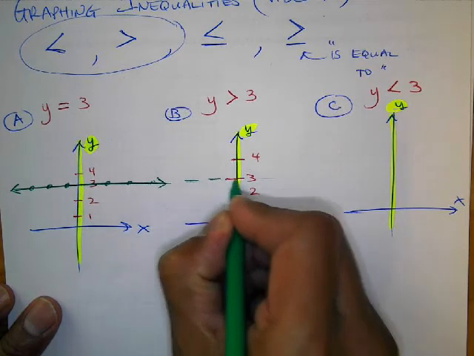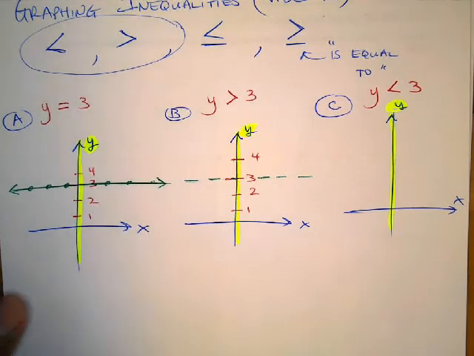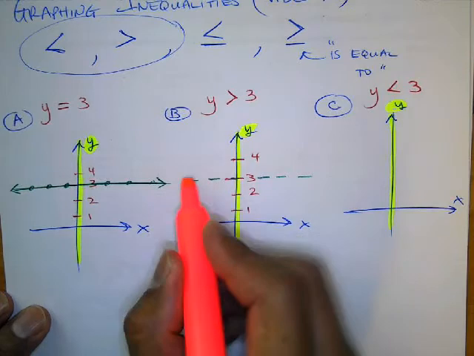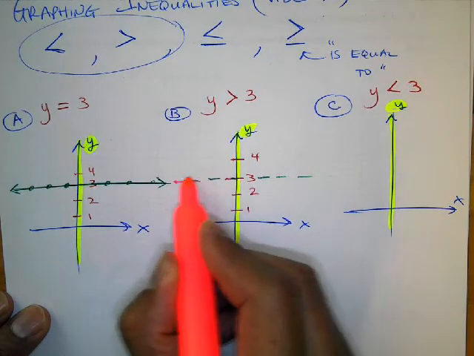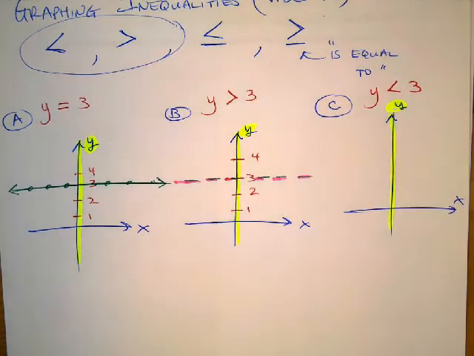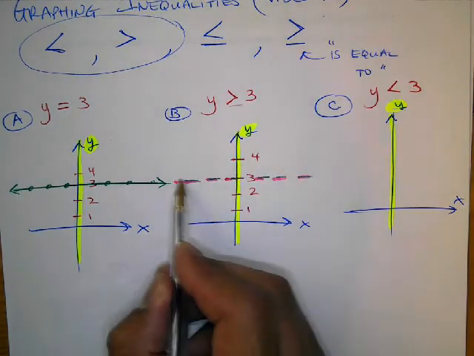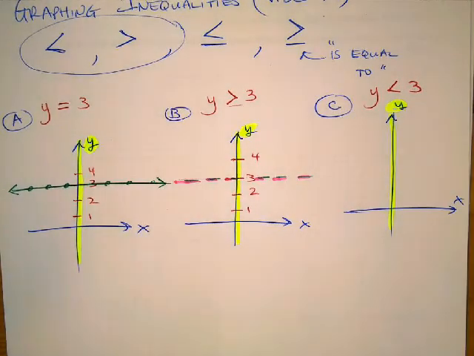So since it doesn't include the 3, we put a dashed or broken line. You still graph the line y is 3, but as a dashed line. If it did have the little equal sign right here, then I would draw a nice solid line through that.